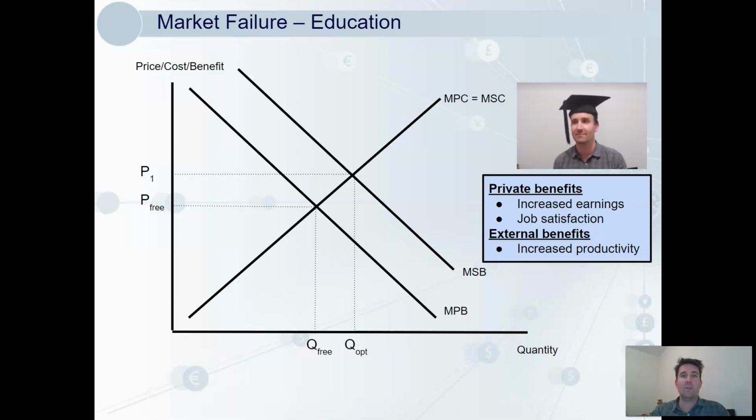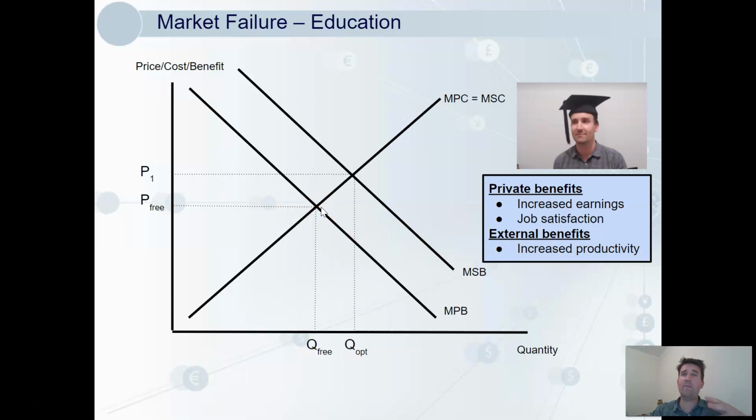The market failure occurs here. I act according to my own costs and benefits, my private costs and private benefits: the time and money I put in to study versus the increased earnings and job satisfaction that I receive. I'll consume education here. Private benefits equal private costs.